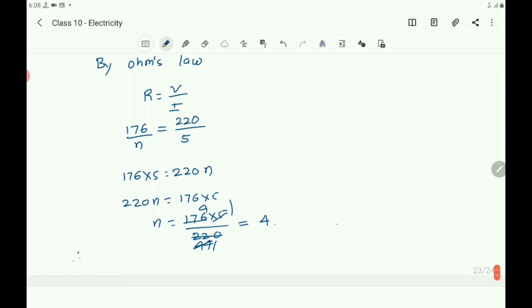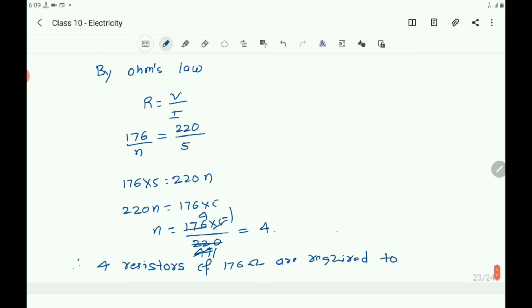Therefore you write: 4 resistors of 176 ohm are required to carry 5 amp on a 220 volt line.